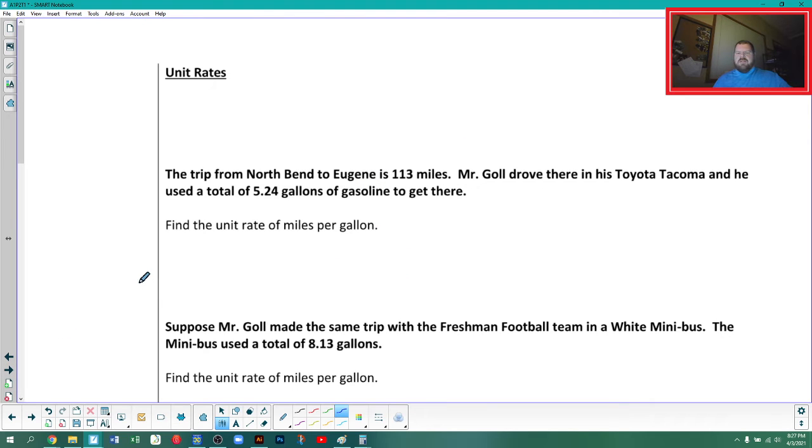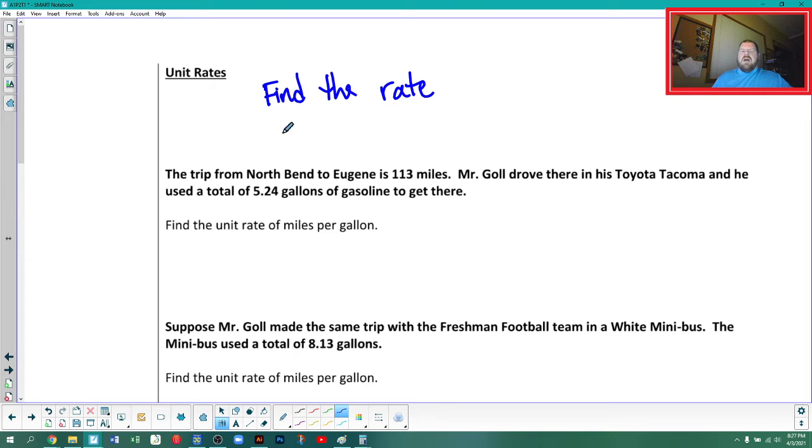For unit rates, again, we want to find the ratio, or find the rate. So we want to find the rate, whatever it is as it's given, and then here we're going to be okay. Usually we don't like to mix decimals and fractions, but here we're actually going to do that.